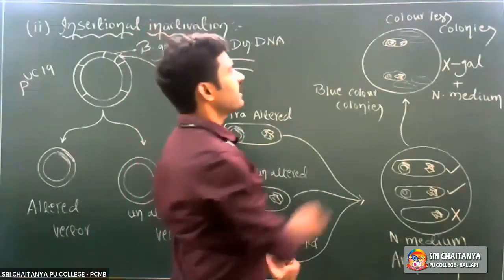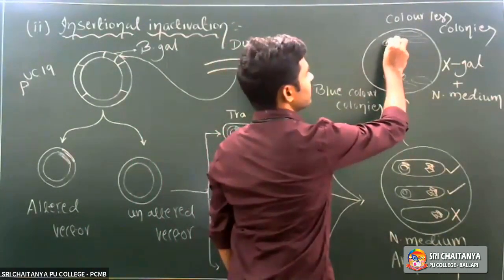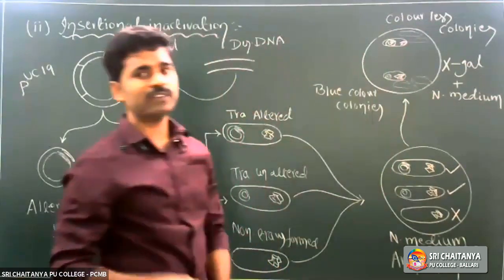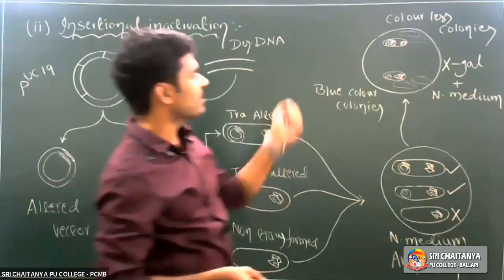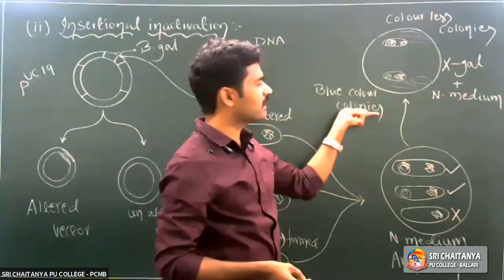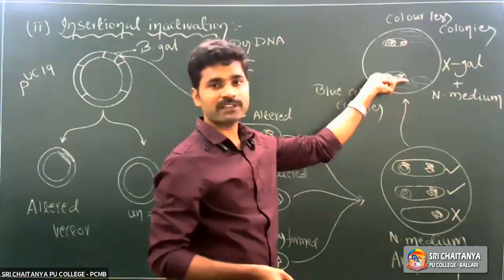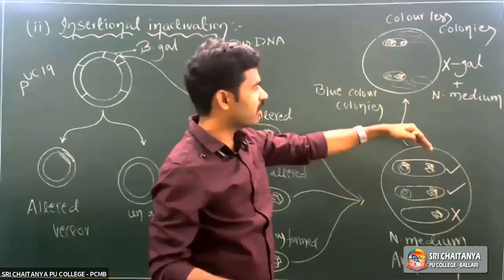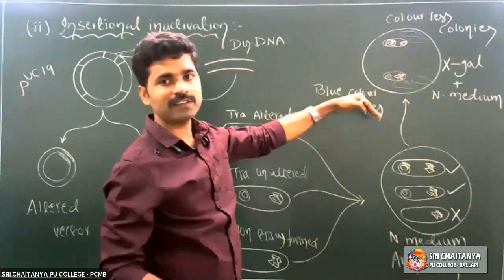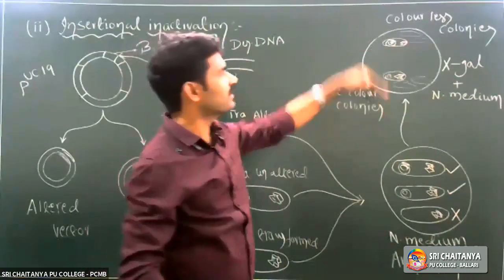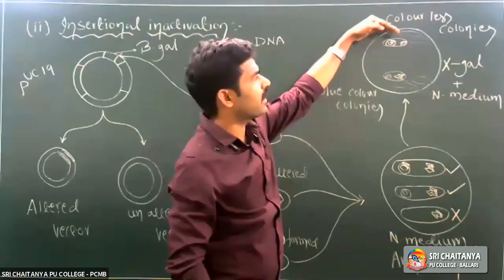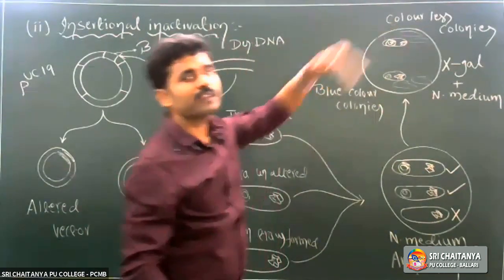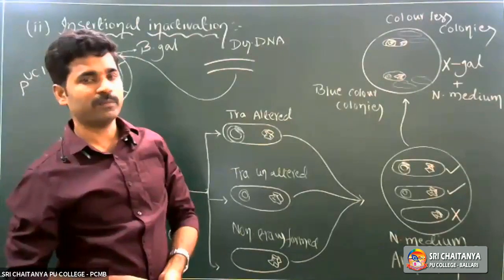So now tell me, are colorless colonies recombinants or non-recombinants? Recombinants. But what about the blue colored colonies, the unaltered vector containing bacterial cells? These are non-recombinants. Colored bacterial cells are non-recombinant cells. Colorless bacterial cells are recombinants.